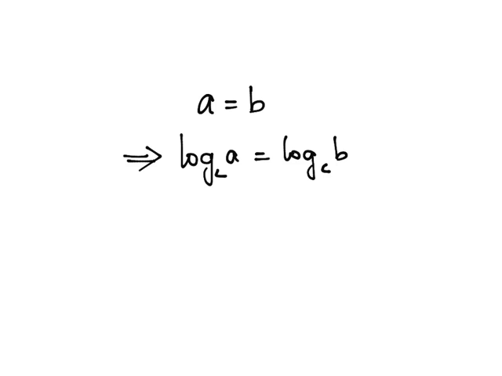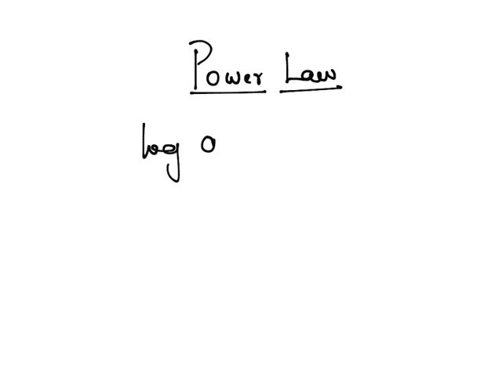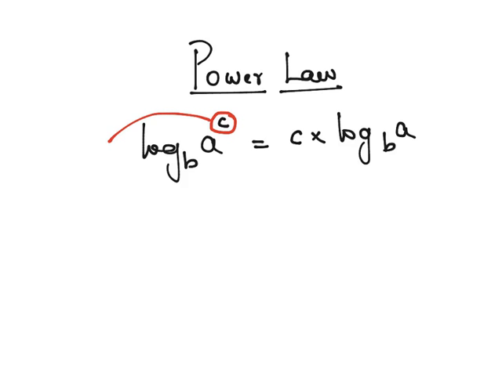Now let us see the power law. What does it mean? It means log a to the base b, raised to c, can be written as c times log a to the base b. So what it means is this power c can be brought in front, like this.